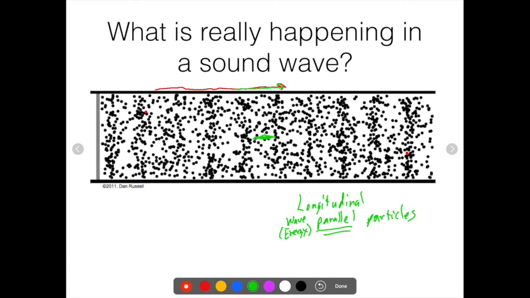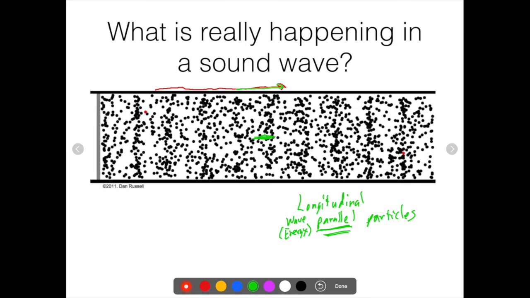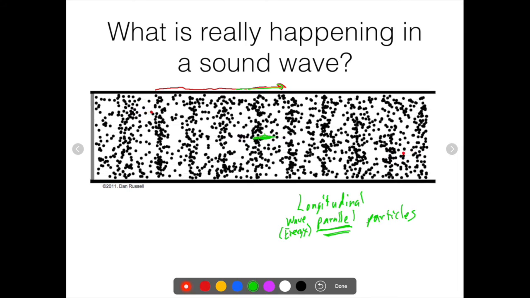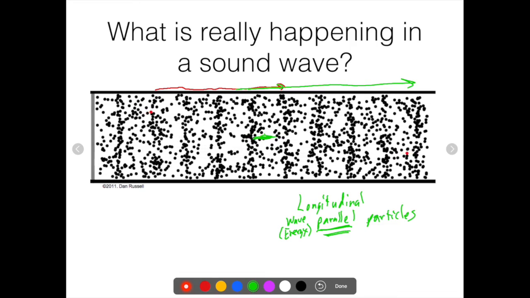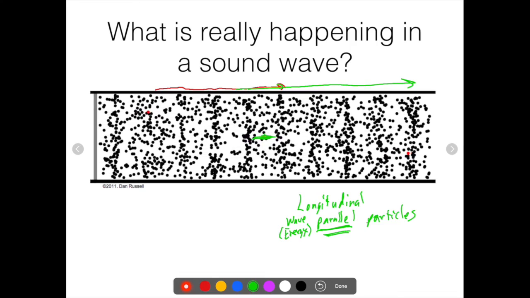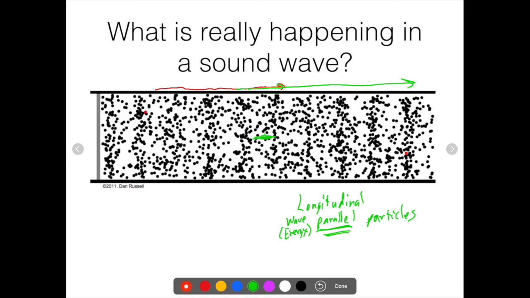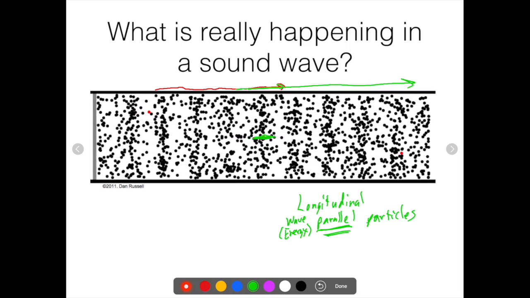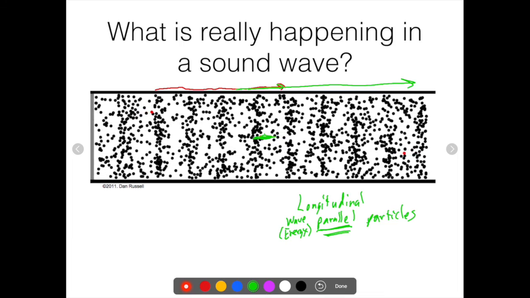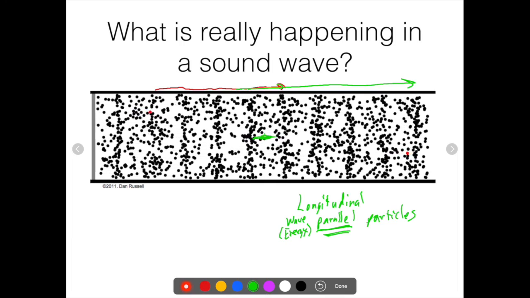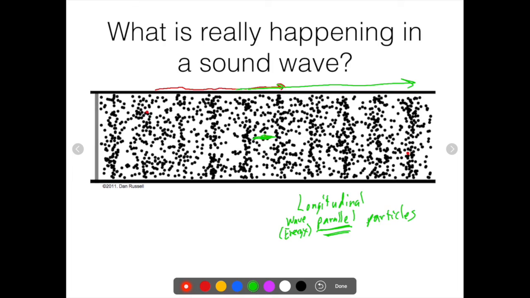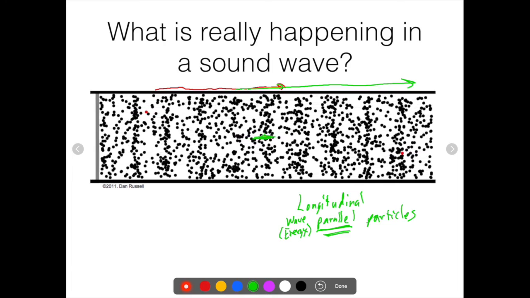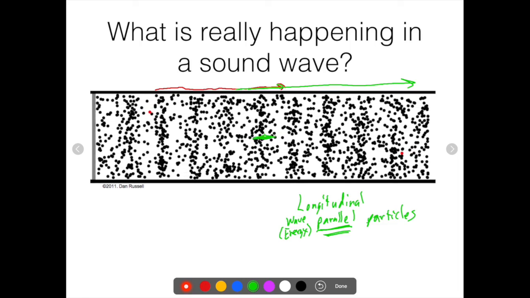The energy is moving to the right, and so they are moving parallel. The difference, again, is that the wave does actually travel. The energy is propagated. We use the word propagated because it's taken from one point to another and transferred from one particle to the next. The energy is moving to the right. However, the particles as a whole are not moving, just kind of in general. Okay, let's go on to the next one.